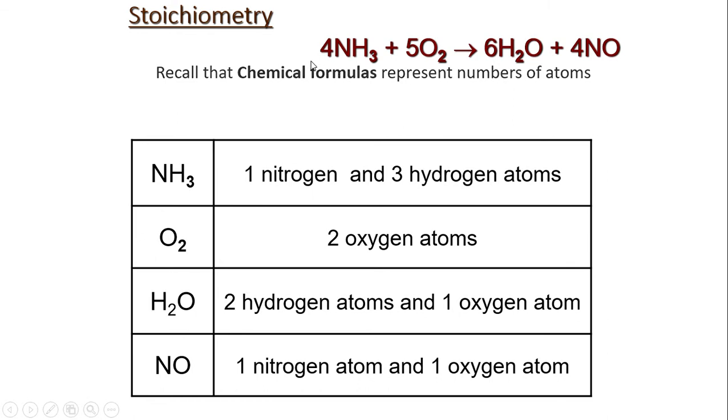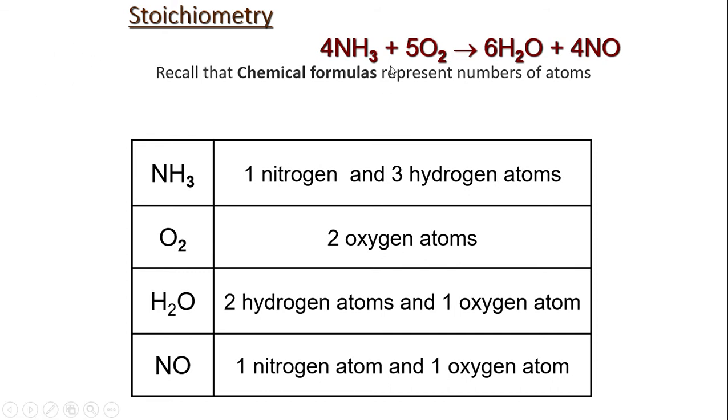So as you can notice, there are some numbers here on the left side of those compounds or elements. These numbers represent the number of moles, which is also the measurement being used in calculating stoichiometric reactions.